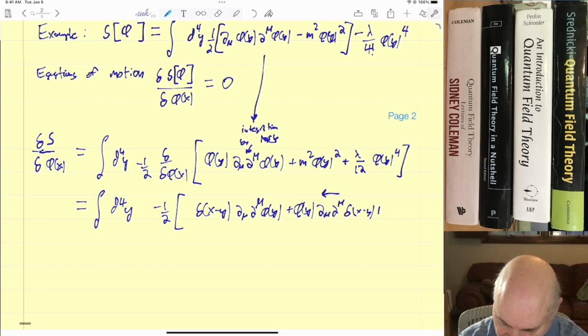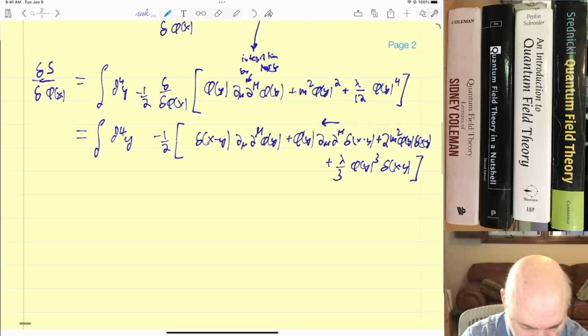And then the rest of it is just standard calculus. The derivative of phi squared is going to be 2m squared phi of y delta x minus y. And then I'm going to get plus lambda over 3, 4 times 1/12 is 1/3, phi of y cubed delta x minus y. So we end up getting del S over del phi of x.